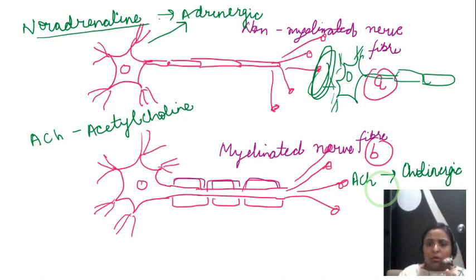It's not necessary whether it is myelinated or non-myelinated. If it is releasing the neurotransmitter from the synaptic vesicles, then it would be called a noradrenaline nerve fiber, right? And the nerve fiber or neuron which is releasing acetylcholine as a neurotransmitter would be called a cholinergic nerve fiber or cholinergic neuron, right? This is your fifth classification of the nerve fiber.